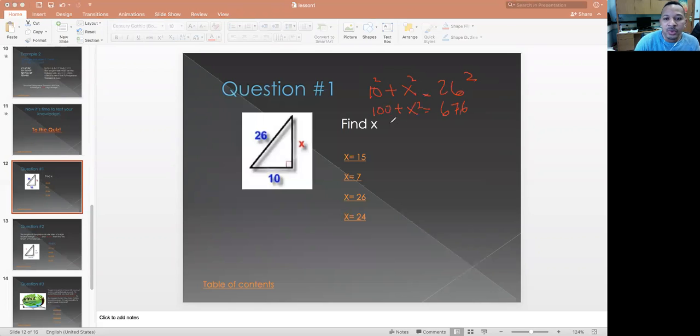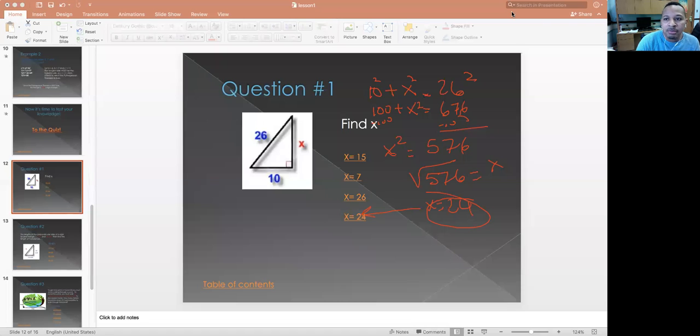So now we're going to subtract 100 on both sides to isolate x squared. That becomes 576. And then we're going to take the square root of 576 to give us x, which is 24. 24 times 24 is 576. So our answer would be x equals 24.